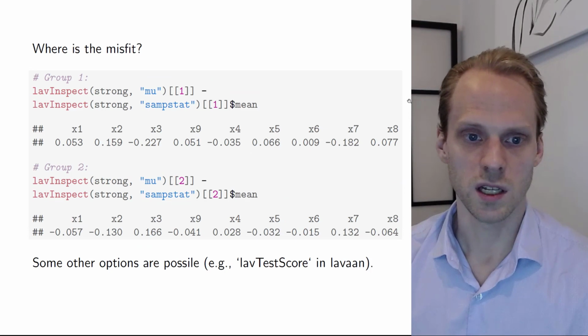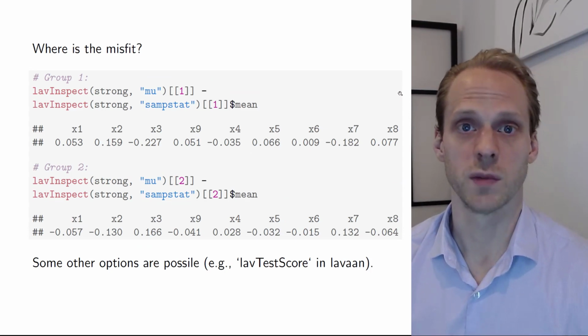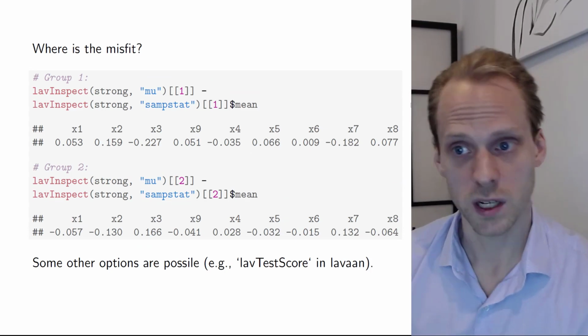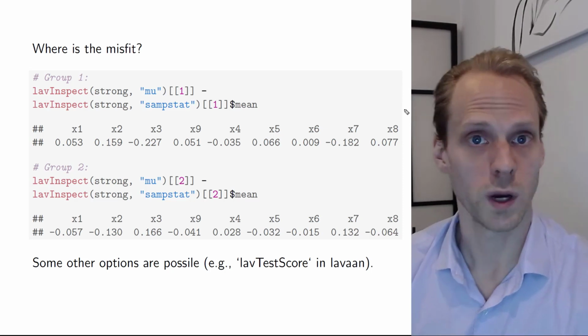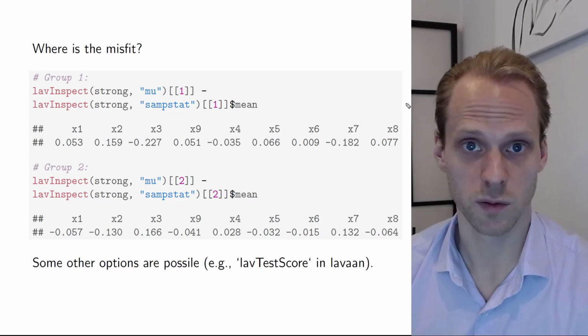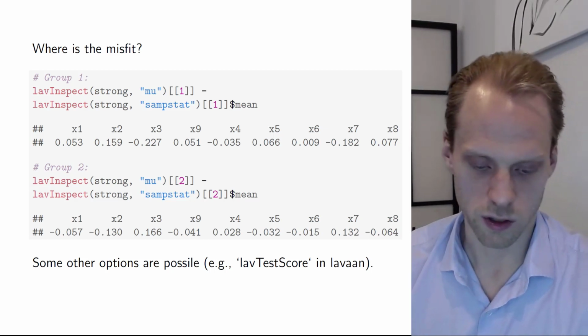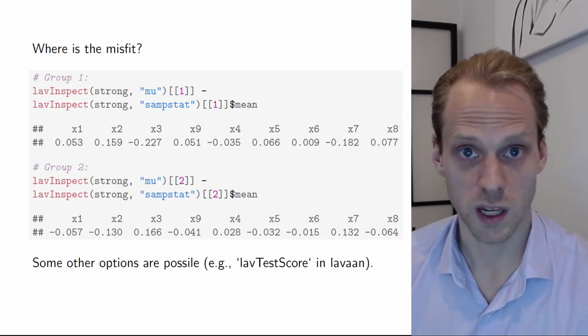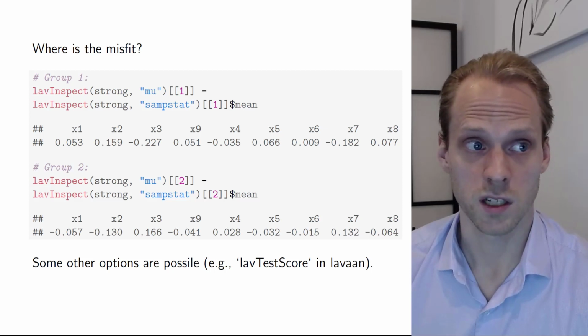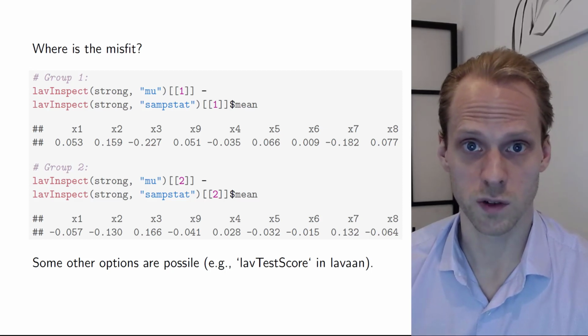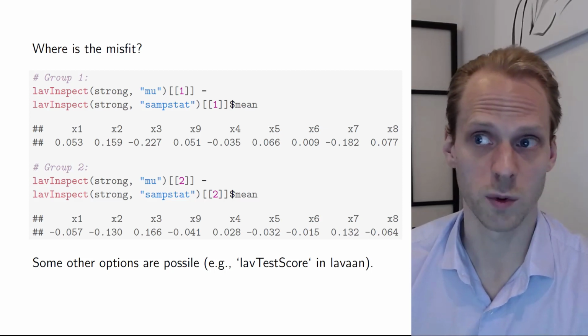So now, ideally, we would find where the difference in measurement invariance is. And there are multiple ways you can do this. One way is simply looking at the implied versus the observed mean structure. Another way is to use modification indices. In semTools, for example, you have equality constraint free modification indices that can help you with that.